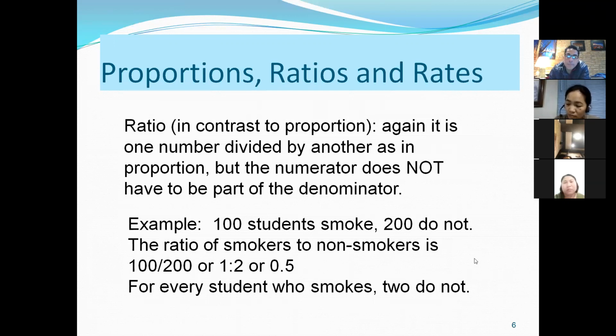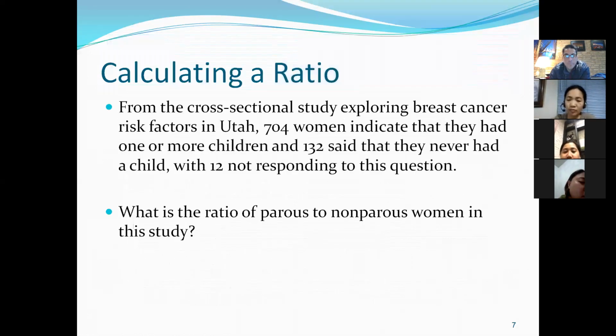We don't report that the ratio of smoker to non-smoker is 0.5. That's not a typical way of reporting, but people will understand that. However, it's better to report 1:2, because that's the typical reporting of ratio in common public language.